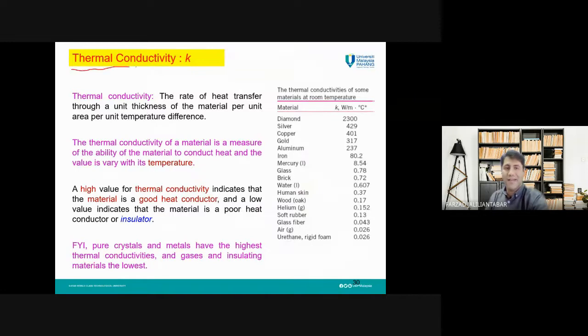Thermal conductivity, or K, is a very important parameter in heat transfer. You will see this parameter in all problems involving conduction.